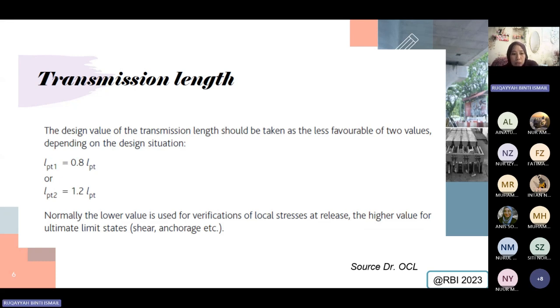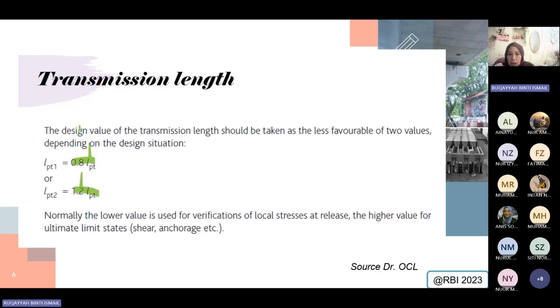Okay, so once we calculate the value of your LPT, the design value of your LPT should be taken as the less favorable of two values depending on the design situation. Technically, we have options whereby it's either 0.8 of your LPT or 1.2 of your LPT.